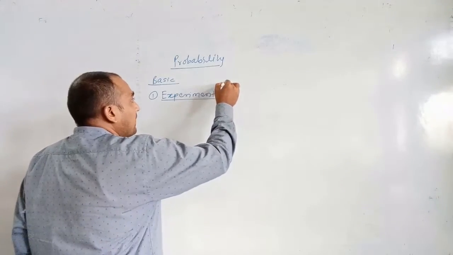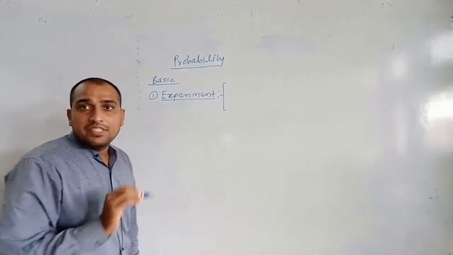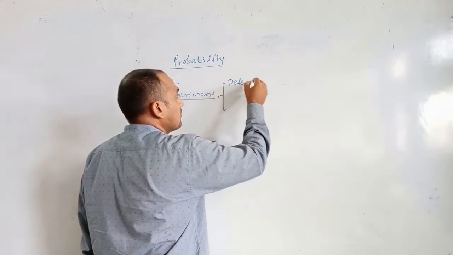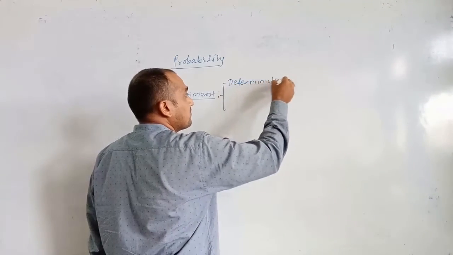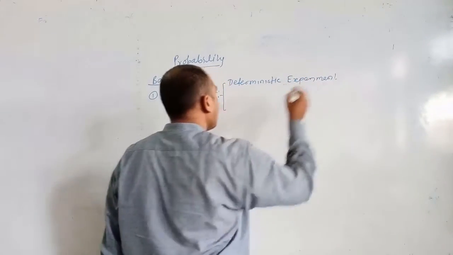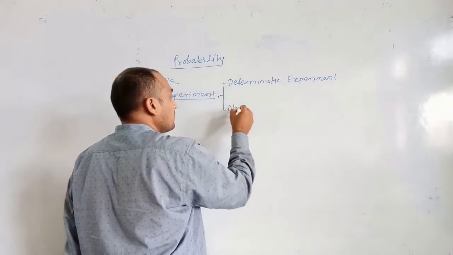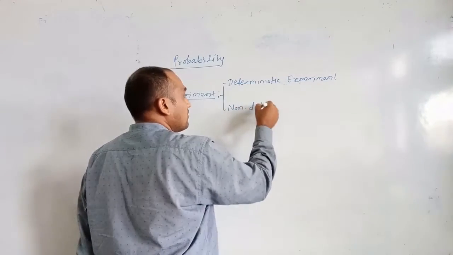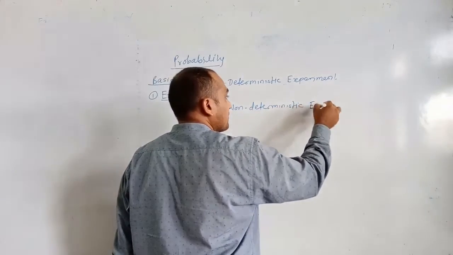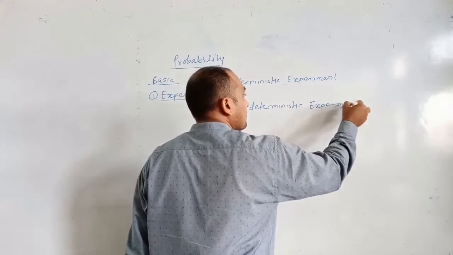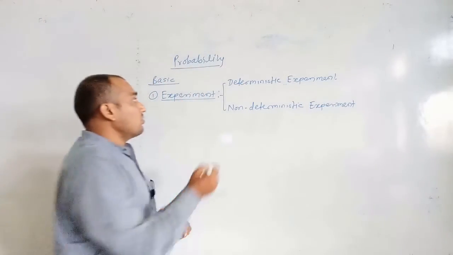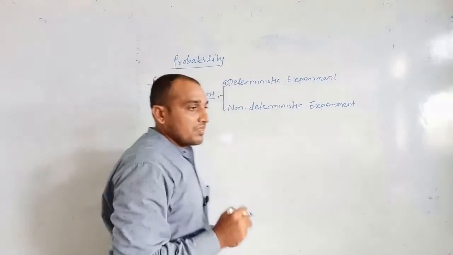According to the outcomes of an experiment, experiments are mainly divided into two parts: number one, deterministic experiment, and number two, non-deterministic experiment. What is meant by a deterministic experiment?